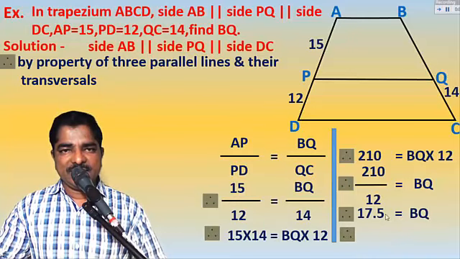After dividing, we get 17.5, so BQ is equal to 17.5.